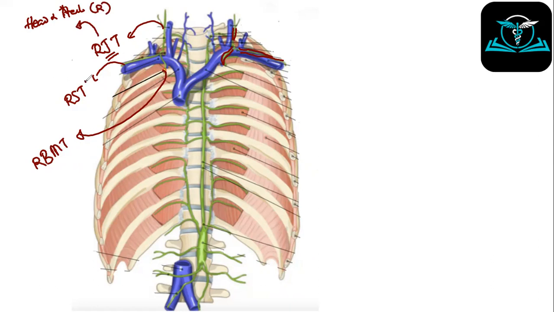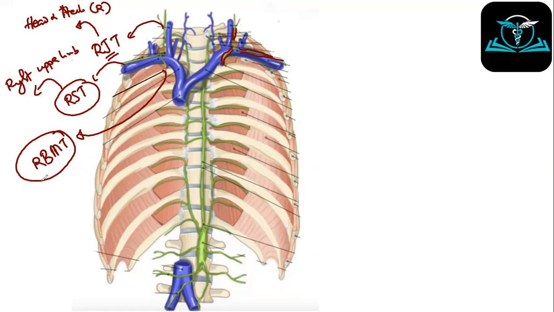And then the right subclavian trunk will bring lymph from the right upper limb and the lateral parts of the chest wall, whilst this will bring lymph from the lungs, the trachea, and so kind of the part of the organs in the chest, those which are on the right, will be drained by the right bronchomediastinal trunk.